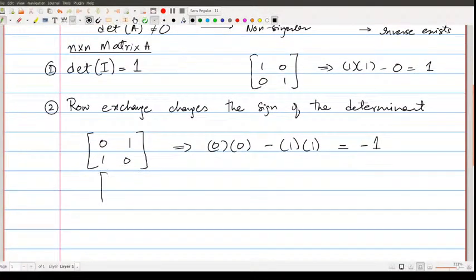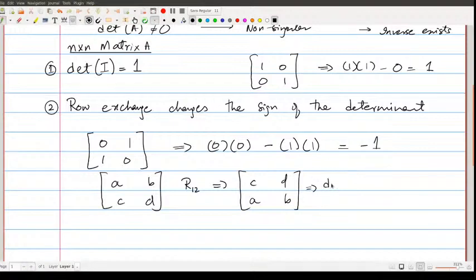And you can see it even in the general case, right? So if this is A, B, C, D, and if I then do a row exchange, row 1 with row 2, then this gives me C, D, A, B. If this is matrix A and this is matrix A prime, then the determinant of A prime is BC minus AD, which, if I take the negative sign common, is just AD minus BC again.